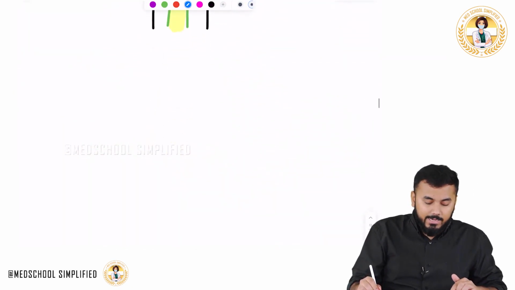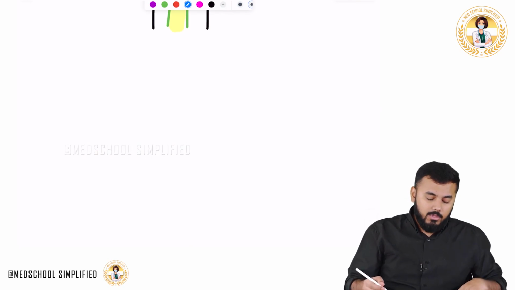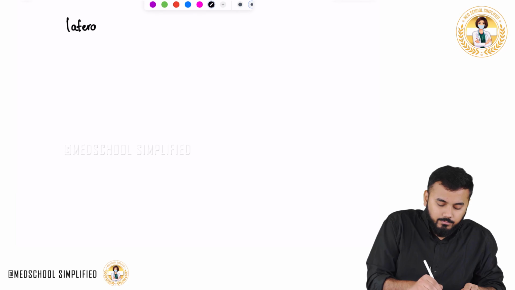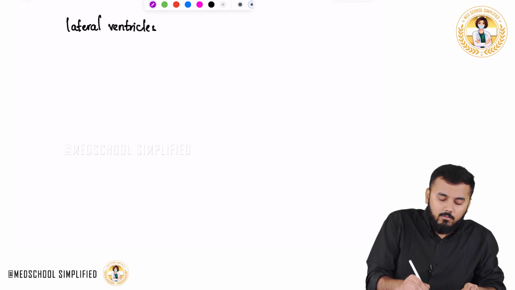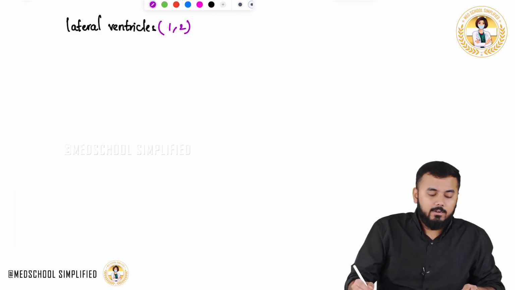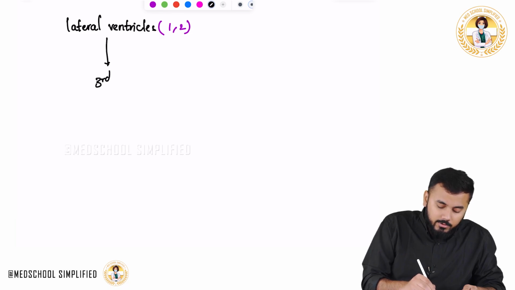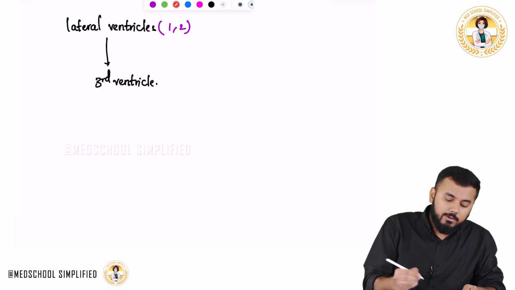Okay, so let us write down all those things over here. First, it started off from the lateral ventricles. Lateral ventricles in the sense, what are the ventricles? The 1st and 2nd ventricles are called the lateral ventricles. Now, from the lateral ventricles, it entered the third ventricle. How did it enter the third ventricle?